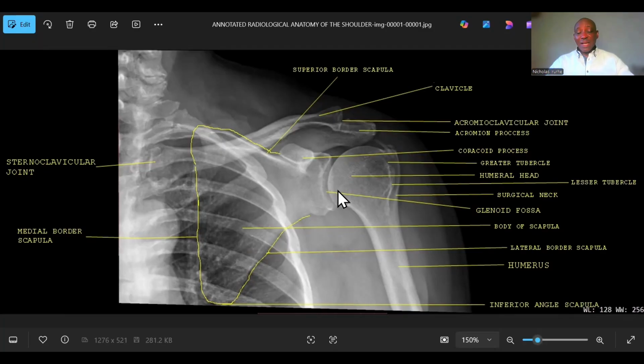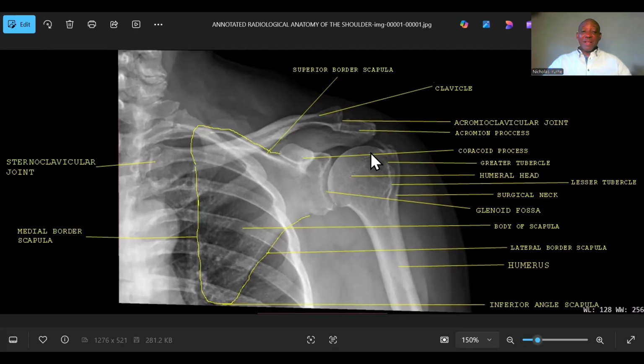What we have studied in cadaver, gross anatomy, you will find it easier to appreciate in the radiographic X-ray, and that is why this is being taught using the X-ray.